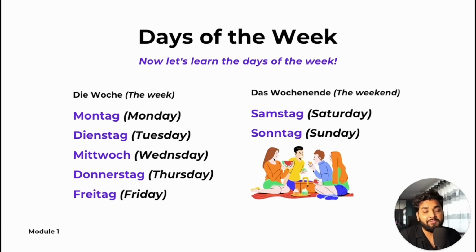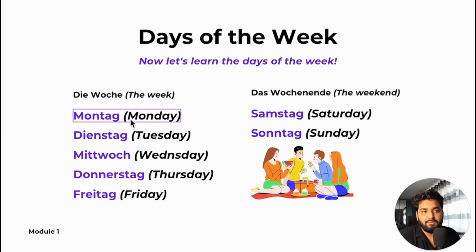So, days of the week. Now let's learn the days of the week. How do you say the week in German? Die Woche. And how do you say weekend in German? You will say das Wochenende. Okay, so let's learn the days of the week.